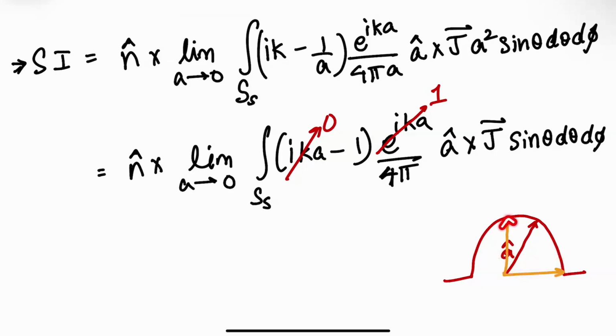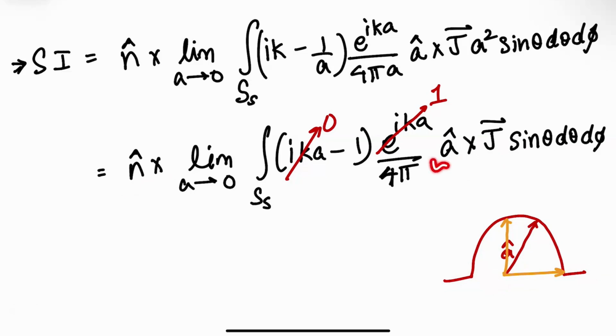The tangential component is along the same surface as J. J is also along this surface, which means a hat cross J, the tangential component, would be normal to the surface. And that cross N, which is also normal to the surface, would be 0.